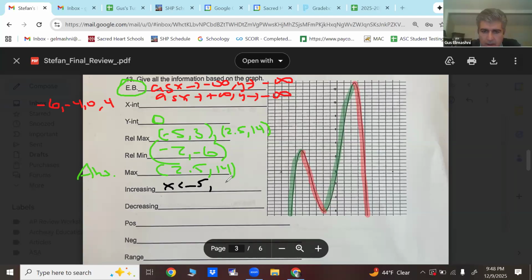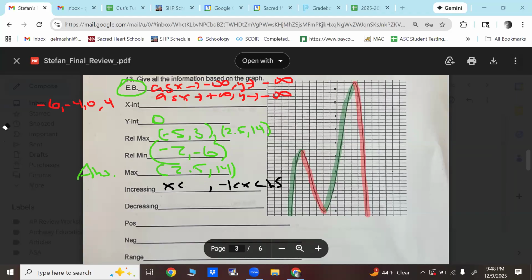From -1 to 1.5. Oh, that's not -5. They made it so weird. That's -2.5. So it's decreasing from -2.5 to -1.